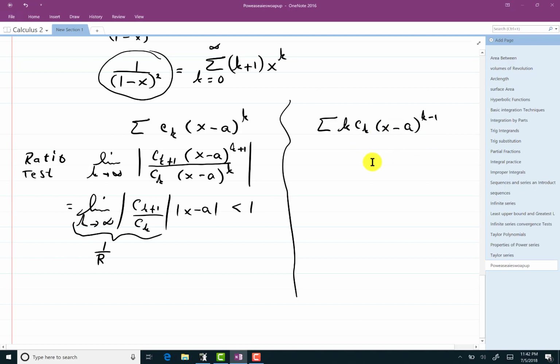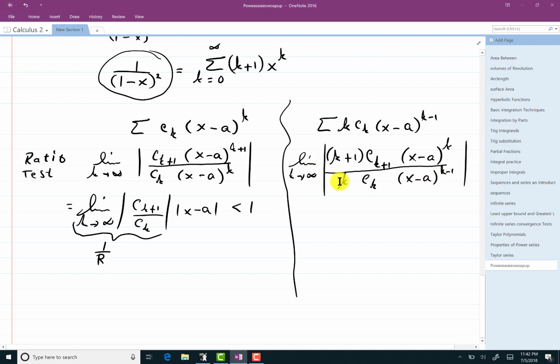This is the differentiated version of the same thing. So I'll do the limit as k goes to infinity of k plus 1 times c sub k plus 1 times x minus a to the k, all over k times c sub k times x minus a to the k minus 1.